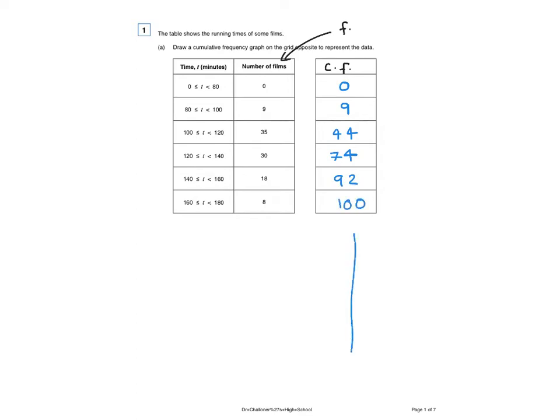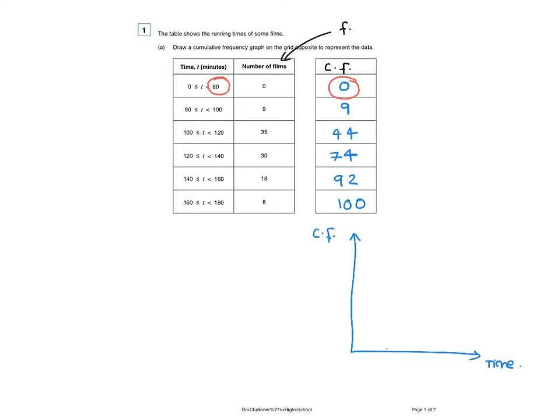Now, when we plot our cumulative frequency graph on the next pair of axes, remember cumulative frequency is plotted on the vertical and the time in this case will be plotted on the horizontal. Plot the cumulative frequencies against the upper endpoints of each group. So there are 0 people in the group that takes us up to 80 minutes.